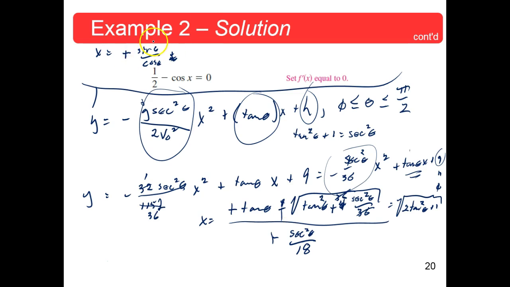So that'll be a plus sine over cosine plus the square root of tangent squared plus secant squared, that would be sine squared theta over cosine squared theta plus 1 over cosine squared theta. That's all under the radical.